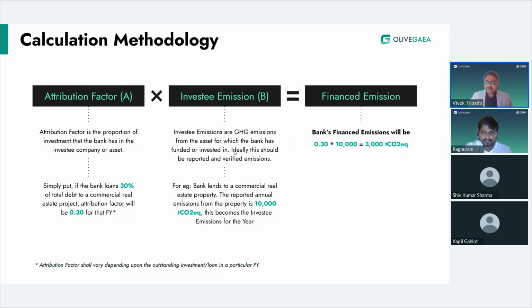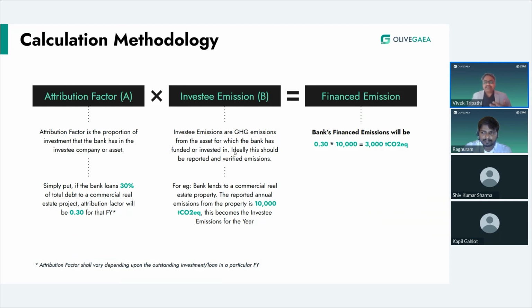What exactly is the attribution factor? As I was mentioning earlier, financed emission is more of an assisted emission. The bank itself is not burning fuel. Whatever fuel they are burning would get captured in the bank's scope 1 and to a certain extent scope 2, but not in the financed emission category.